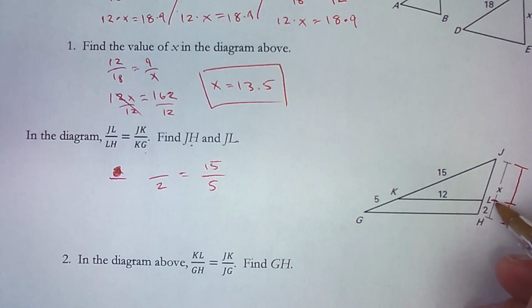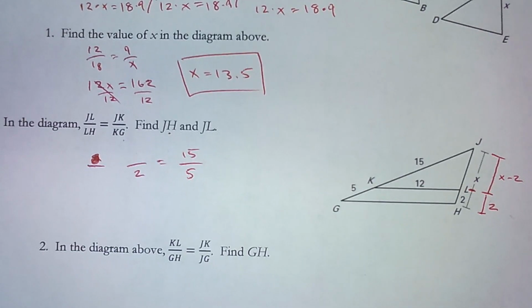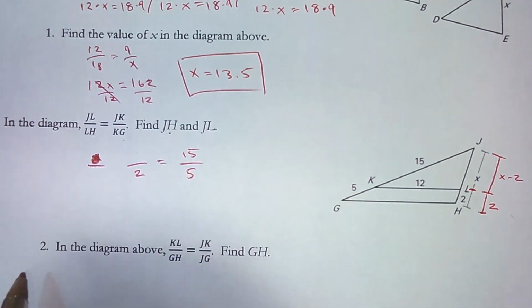I know that from here to here is 2, and all the way down from J to H is X. So right here is X except for this part that's 2. So it's X minus 2. So for JL, we're going to put X minus 2.